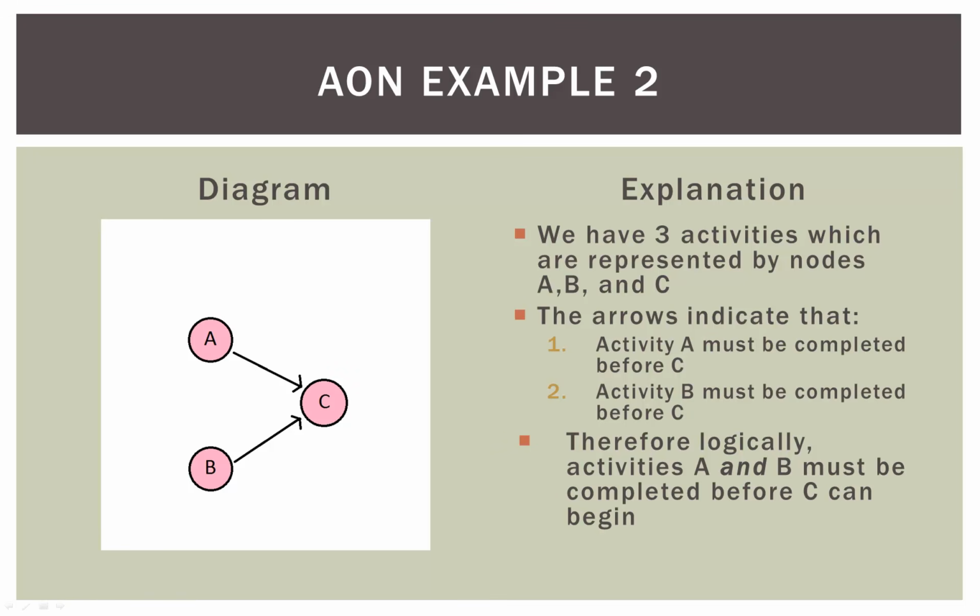Now here we have example 2. In our diagram, we have the same three nodes, A, B, and C, but the arrows are a bit different. So what do the arrows tell us here?